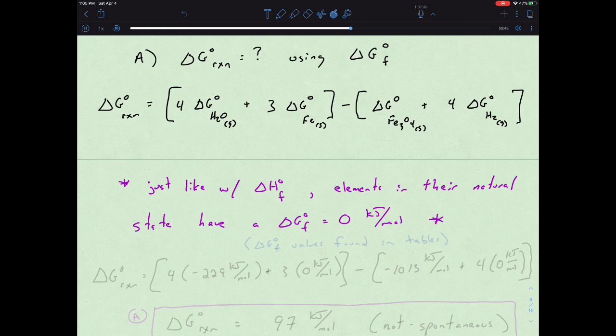So very similar to delta H in that respect, definitely opposite to that of entropy, right? Everything has entropy. That's our third law of thermodynamics. So now we're just basically going to tables to look up these particular values.